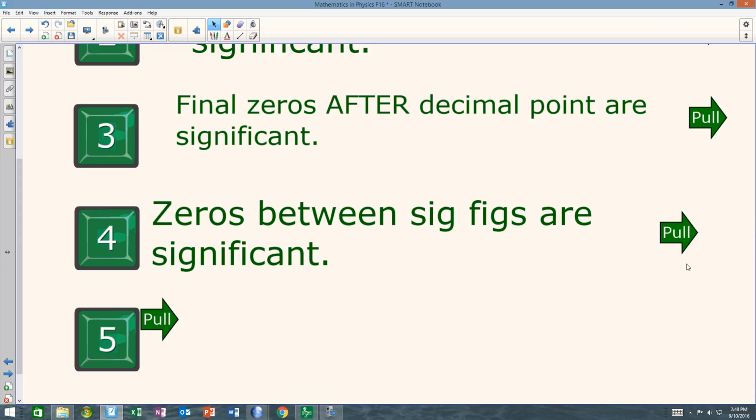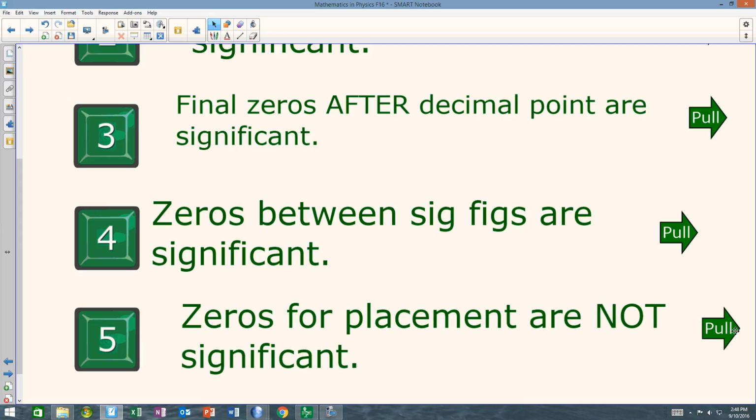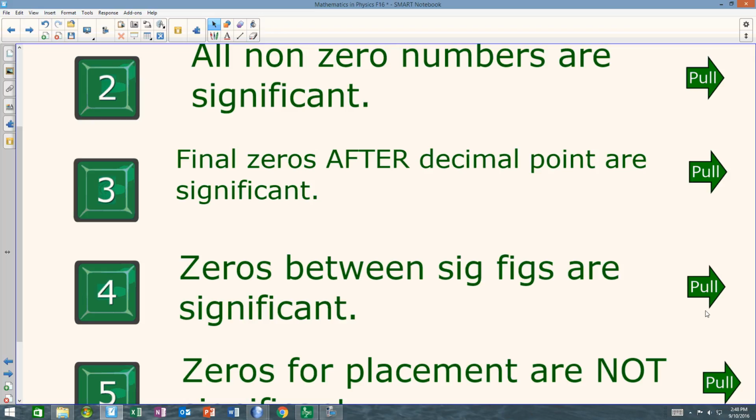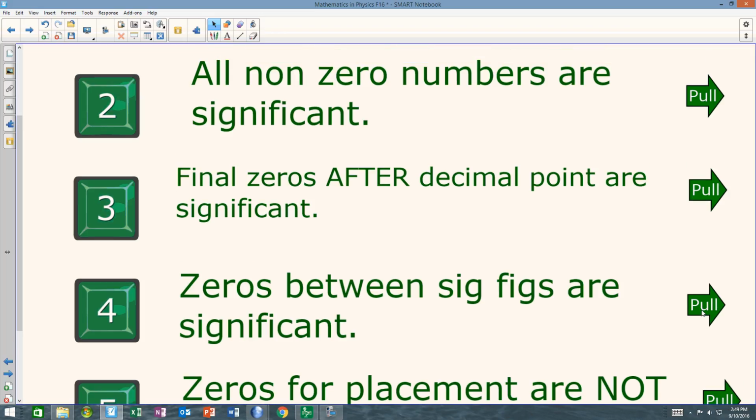Any zeros in between 2 significant digits are considered significant. So what does this leave us with? It means that zeros that are there for placement purposes only are not considered significant. This is usually called the 4th rule. But if you look at the other 3, if it doesn't follow those 3, then that means it's not significant. So you really only need these 3 rules right here.